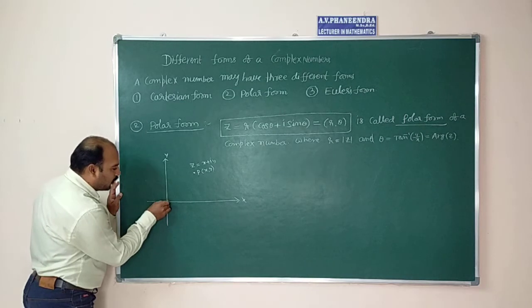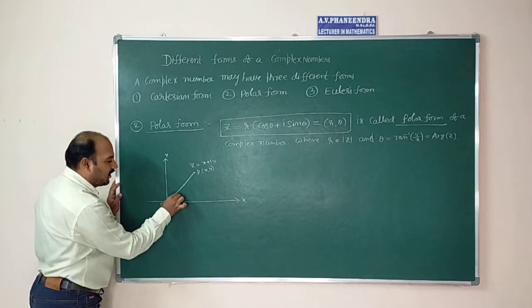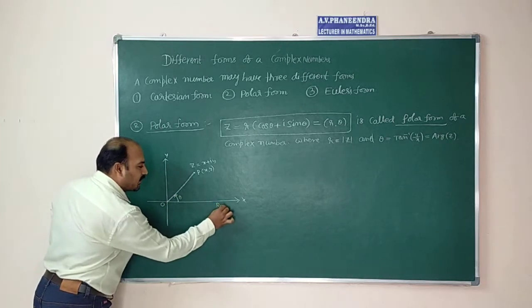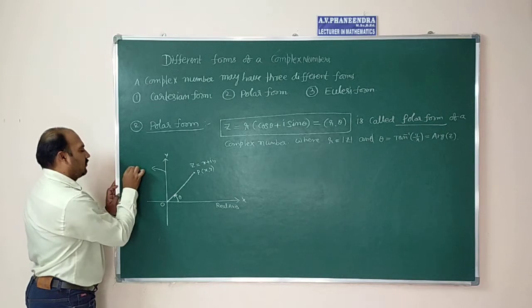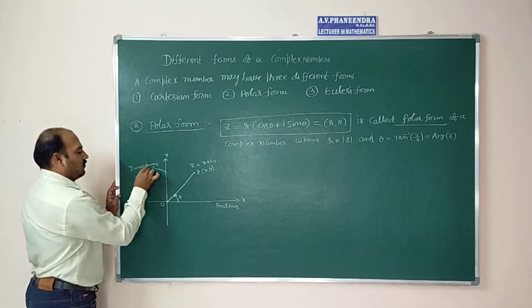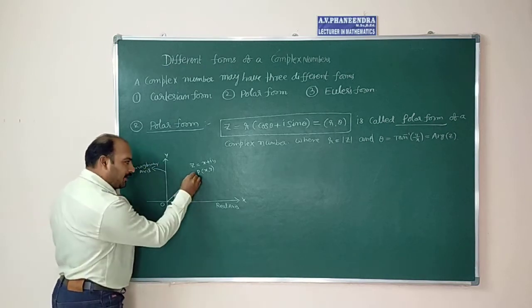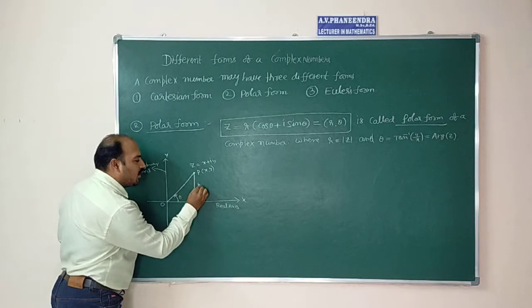Join origin to the point P. This line makes an angle theta with the real axis. And the distance from point P to the real axis is y units.